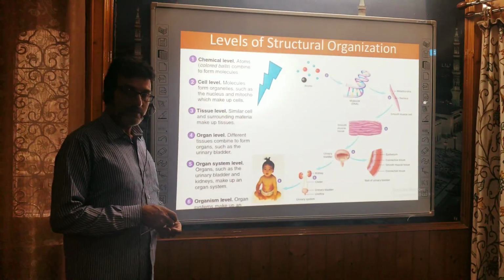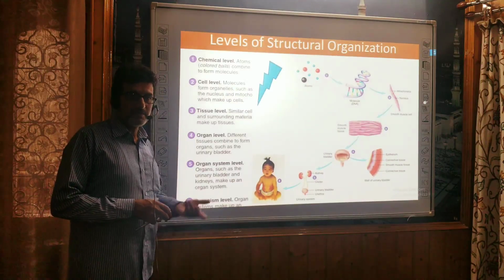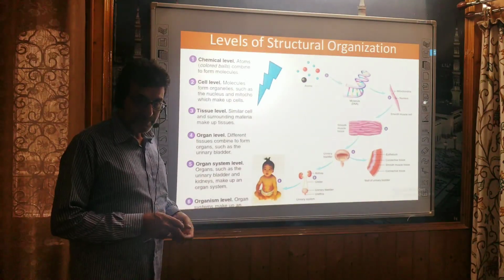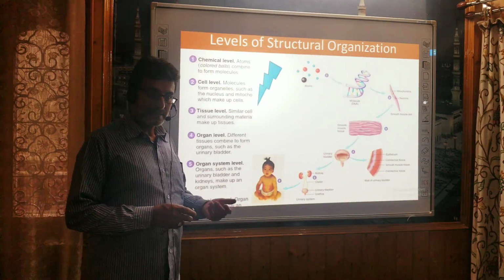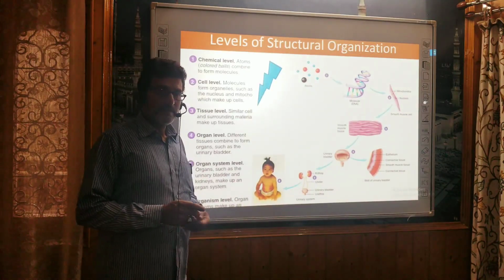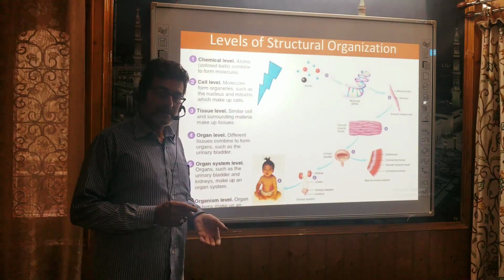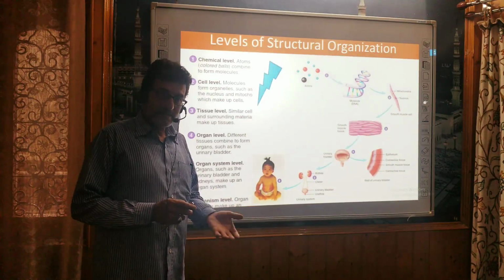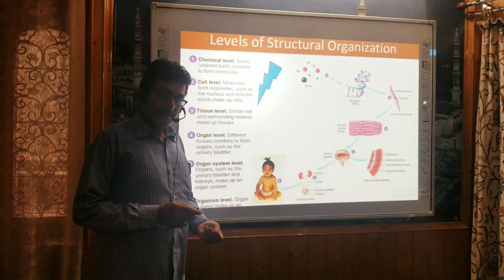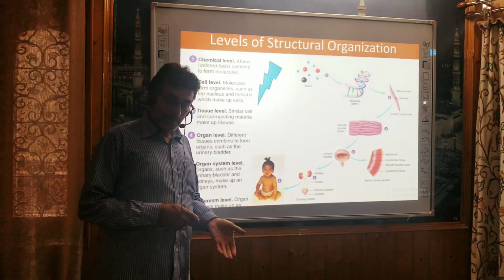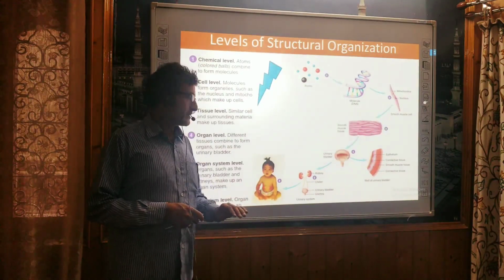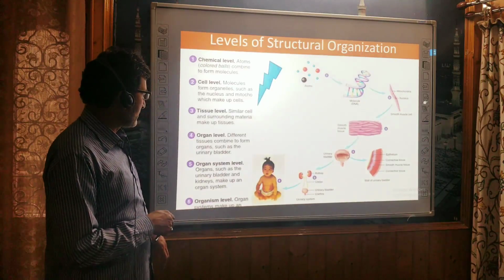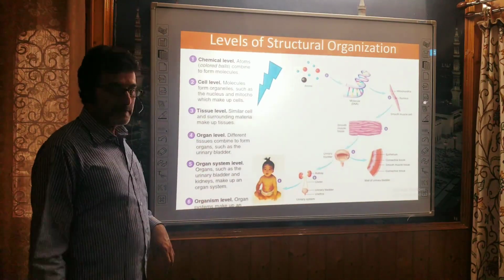In our body, we have different organ systems, for example digestive system, respiratory system, circulatory system, excretory system, nervous system, arterial system, venous system, skeletal system, endocrine system, lymphatic system, and reproductive system. All those systems combine to form an organism.